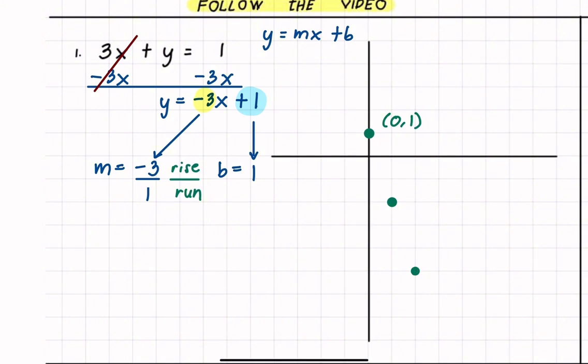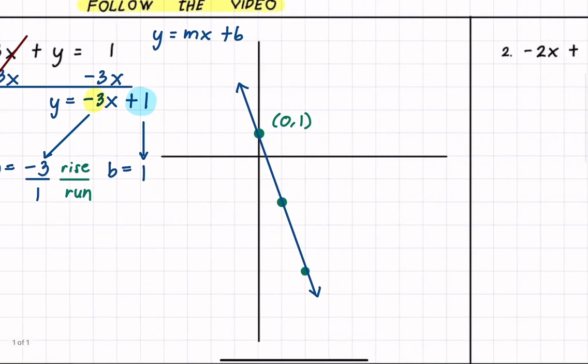Now that we have the points, all we have to do is connect the dots. So this is the graph of 3x plus y is equal to 1.